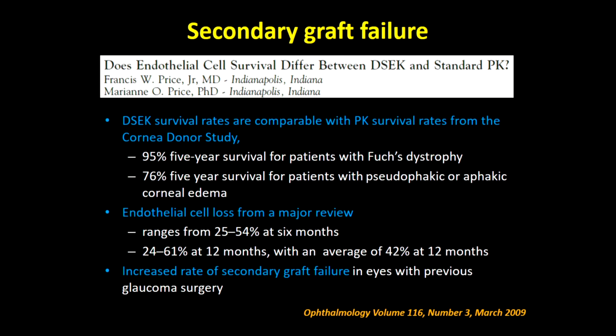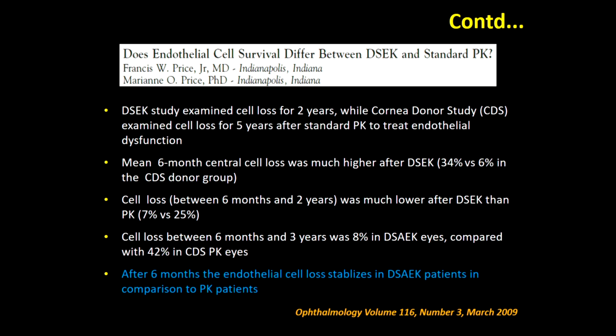And this is another study which shows the survival of the endothelial cells, and the main thing is the increased rate of secondary failure in eyes with previous glaucoma surgery, and after 6 months the endothelial cell loss stabilizes in DSEK patients.